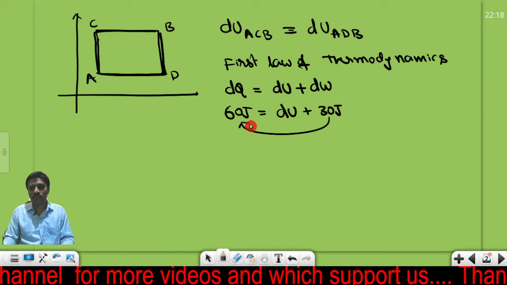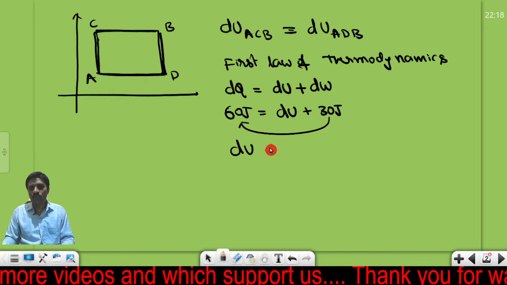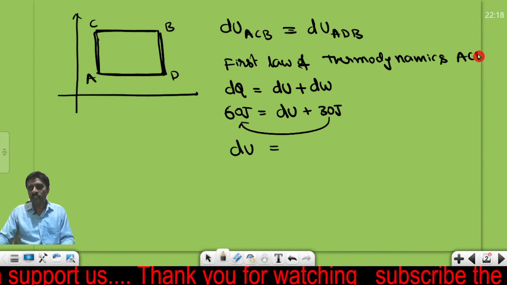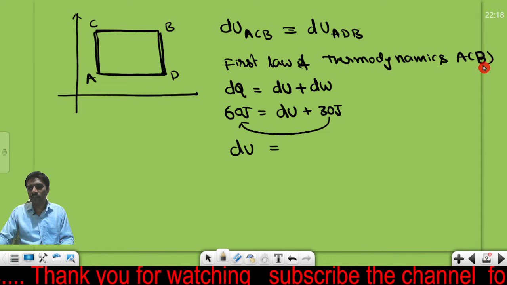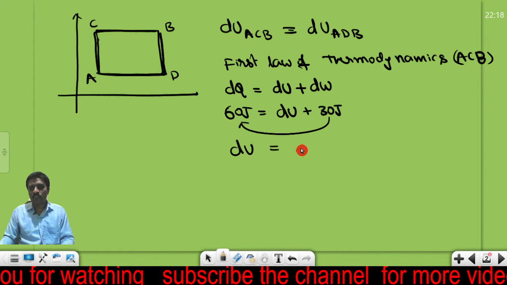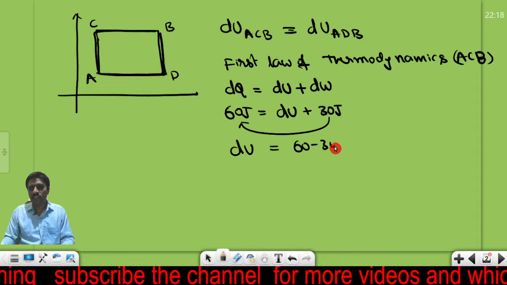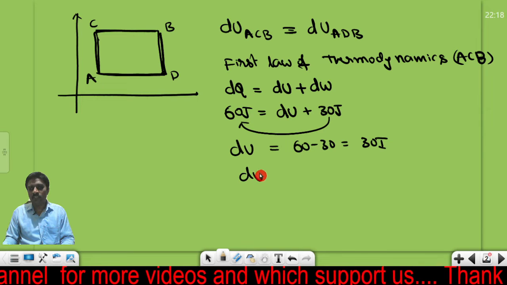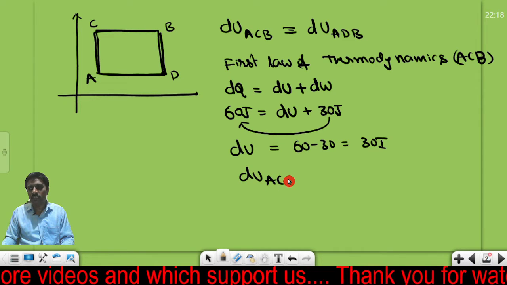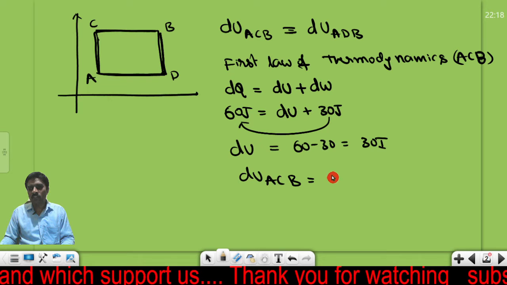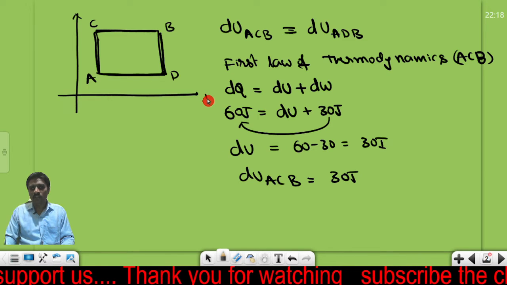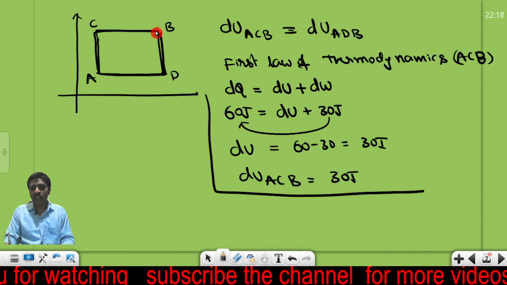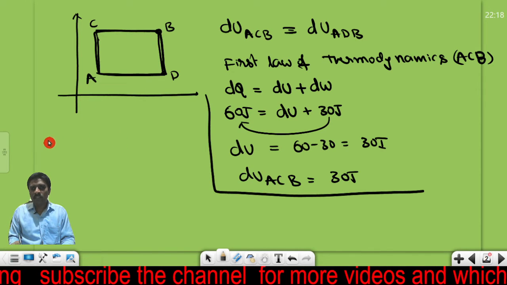Now, sending this value to the other side, dU is equal to 60 minus 30, which is equal to 30 joule. So dU according to the ACB path is equal to 30 joule.